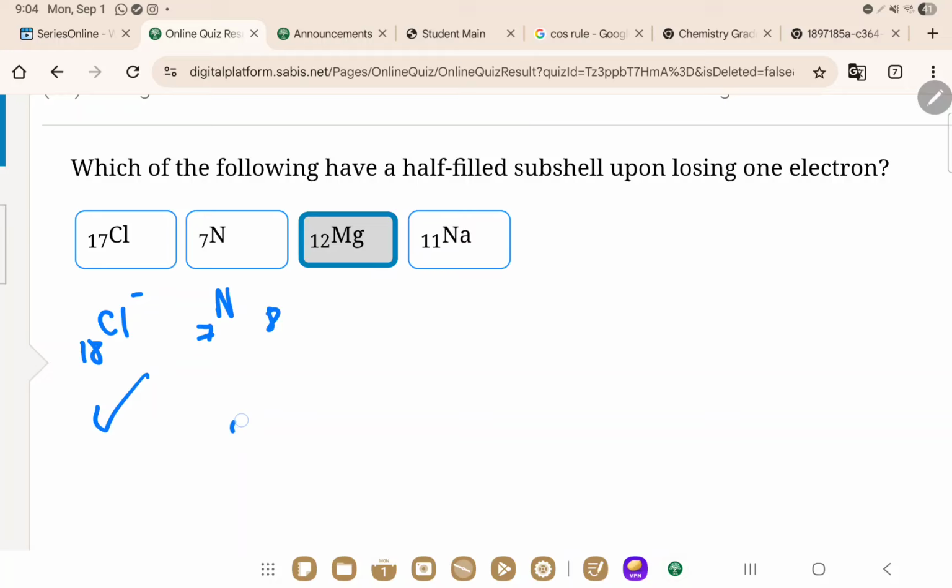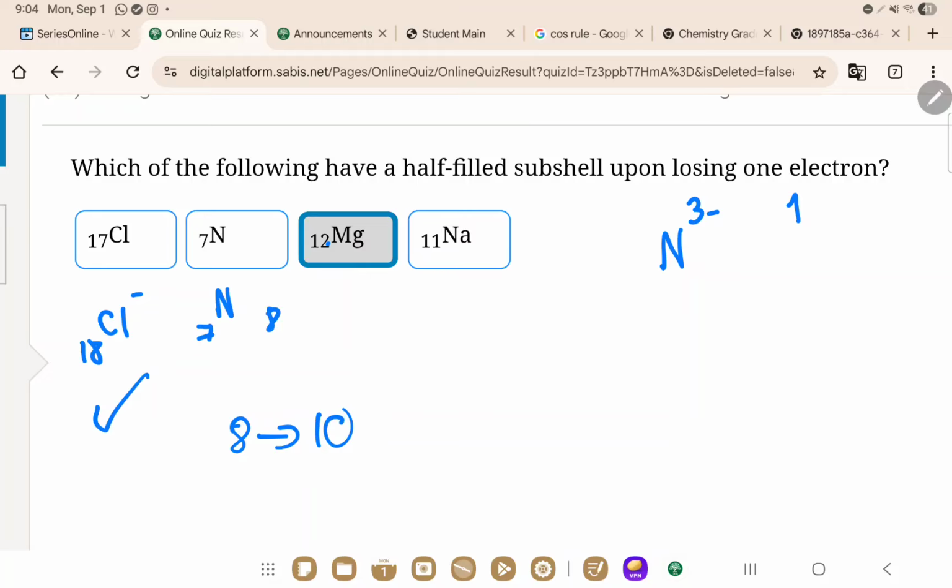Now, 8 is not the closest noble gas configuration to it. The closest noble gas configuration to it is 10. But you need still 2 more, because nitrogen is in group 5. So it's N3 minus. So you need 3 electrons. Is that half-filled subshell? It's not half-filled, because you only gave it 1 of the 3 it needs.